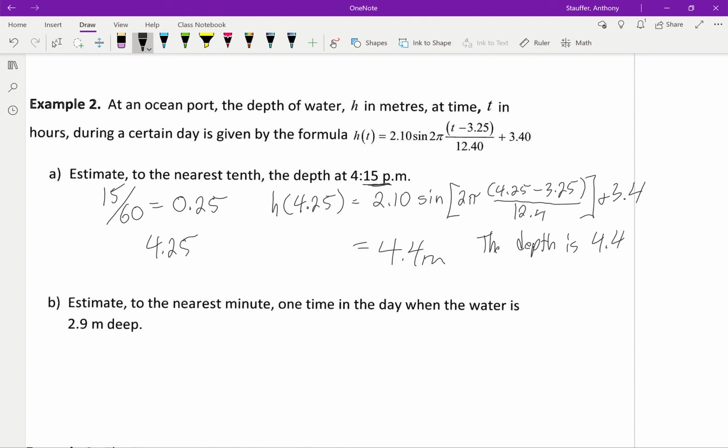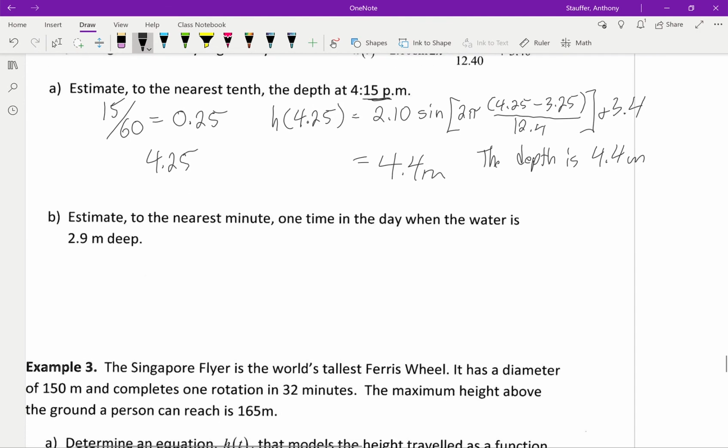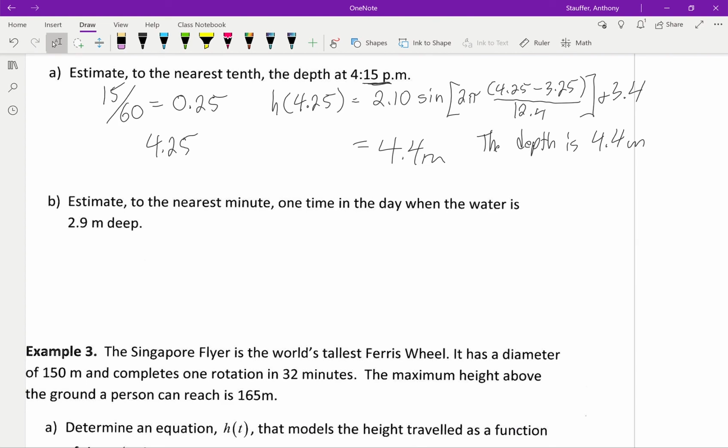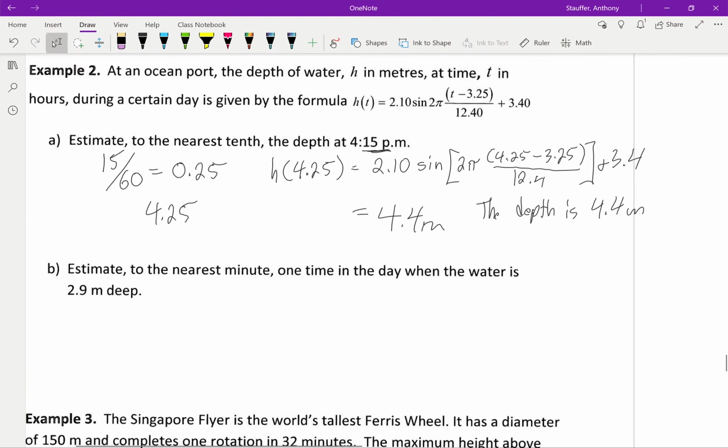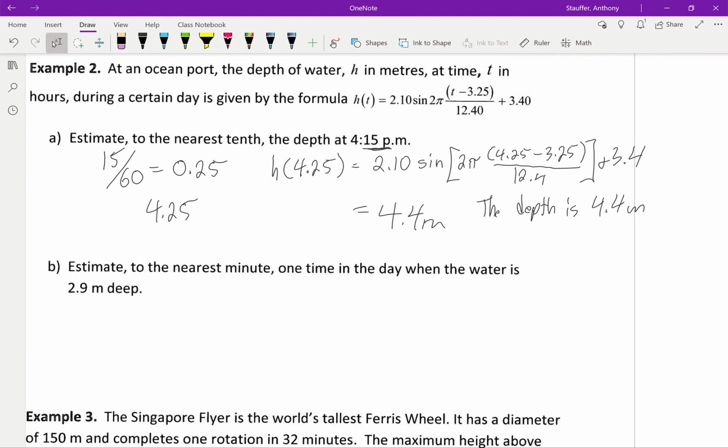Estimate to the nearest minute, one time in the day where the water is 2.9 meters deep. Again, we get into this exact same situation where my y1 would equal 2.10 sine 2 pi t minus 3.25 all over 12.4 plus 3.4, and my y2 would equal 2.9.